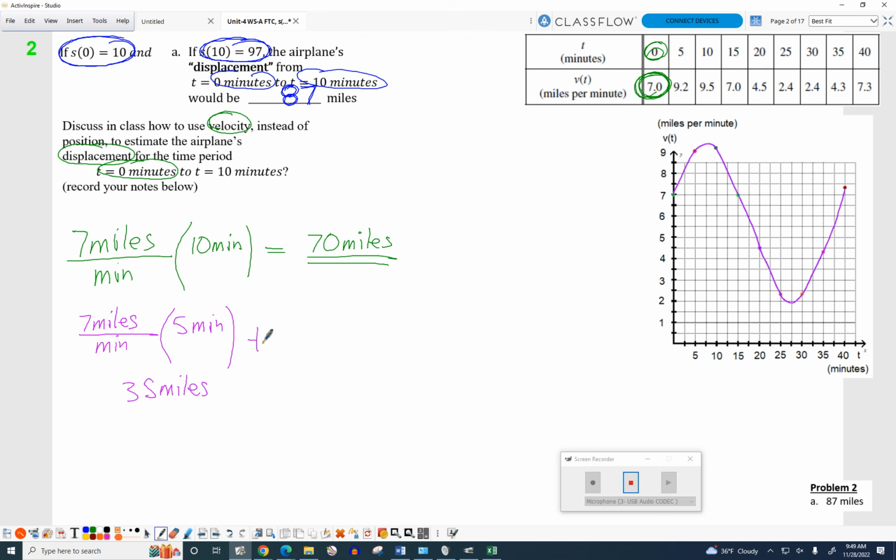And then, for the next 5 minutes, let's assume the velocity is 9.2 miles per minute. And the plane has that velocity for another 5 minutes. That would be a total of 46 miles. So that would give me, let's see, 81.